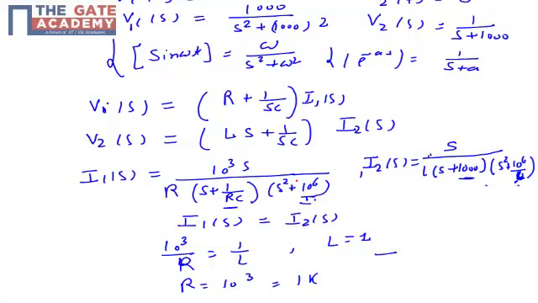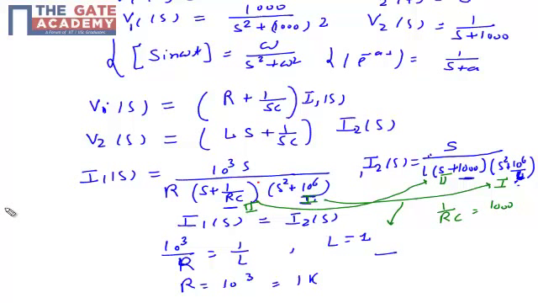By comparing first term to first term, we get the relation L is equal to 1. By comparing second term with second term, we get the relation 1 by RC is equal to 1000.